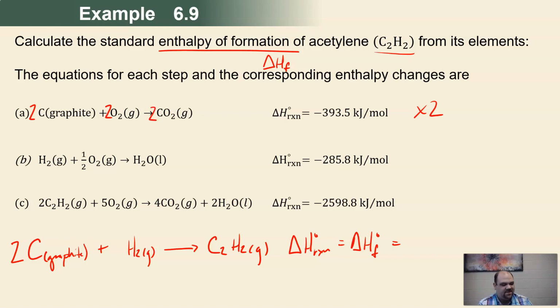And if I multiply the reaction by 2, then I multiply the overall value by 2 as well. And that's negative 787 kilojoules per mole. Okay. All right. And so that gets me my 2 graphites. That's what I'm really interested in there.